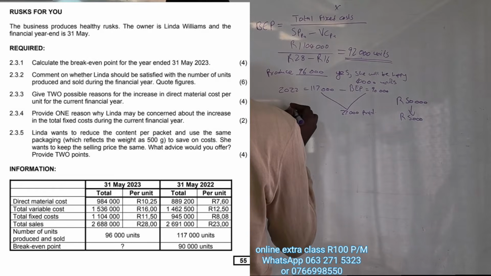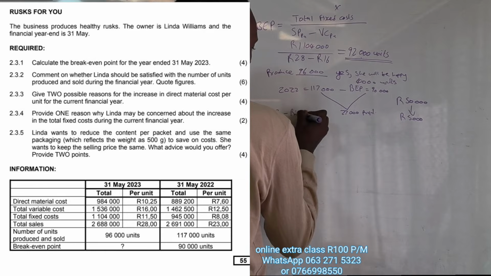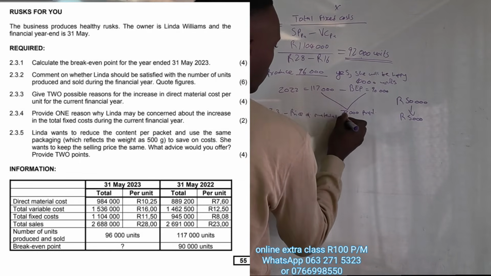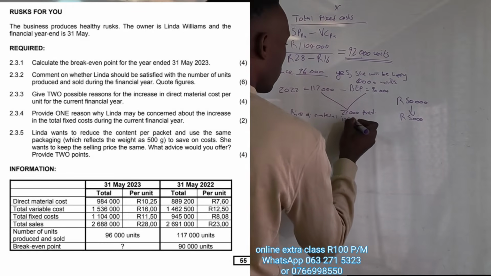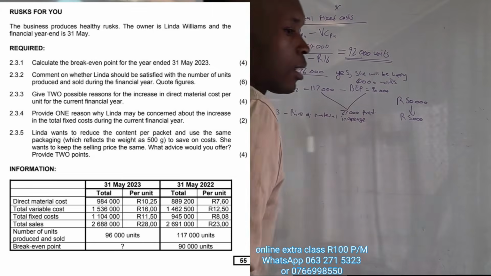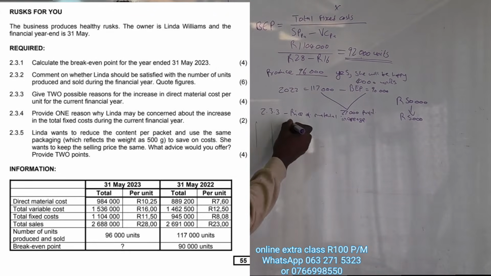Number one, price of material increase. Yes, you can find that where we used to buy material at 10 rand, it is now more expensive, costing 20 rand. It can be a possible reason.